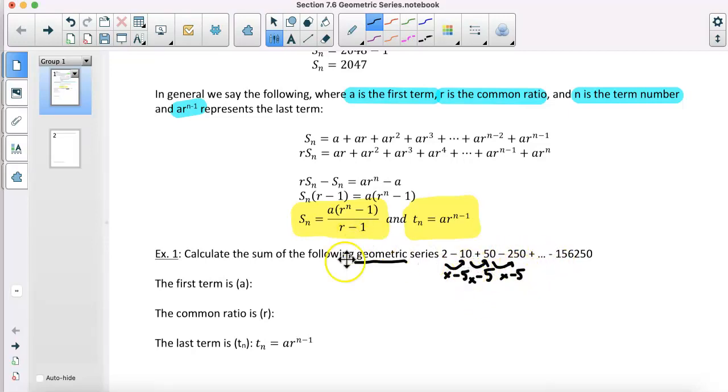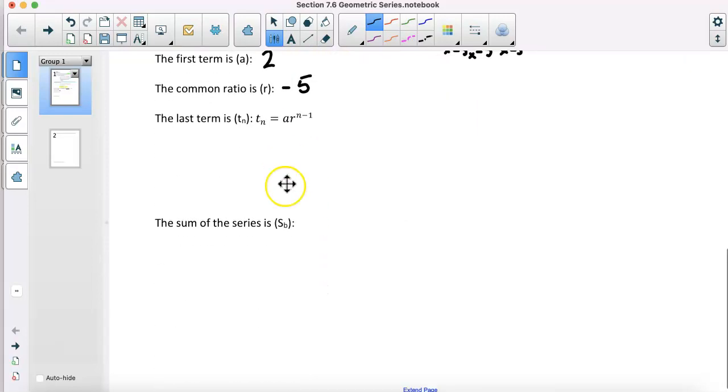So we can see in this example that the first term is positive 2. The common ratio is negative 5. And what we want to find is this S_n. Okay, what is this sum?